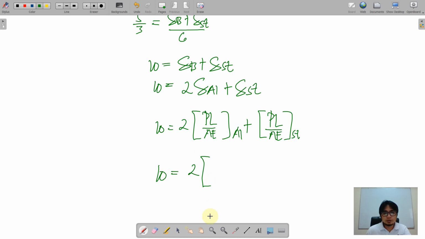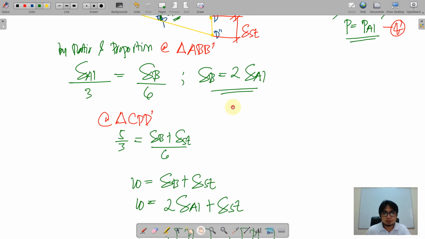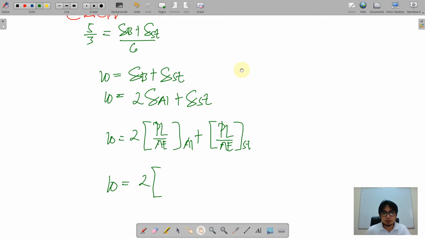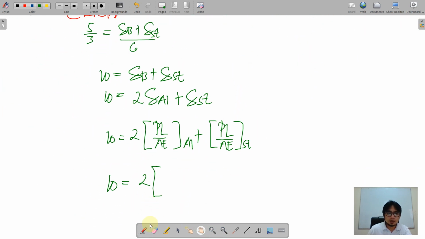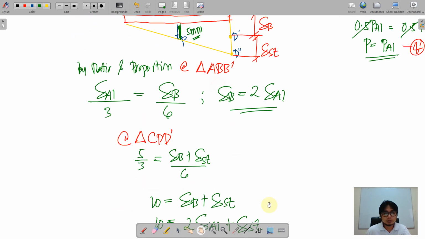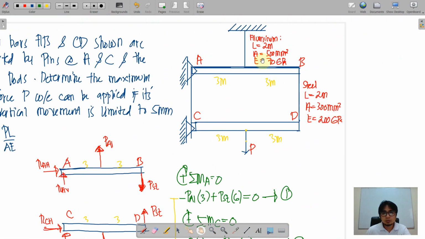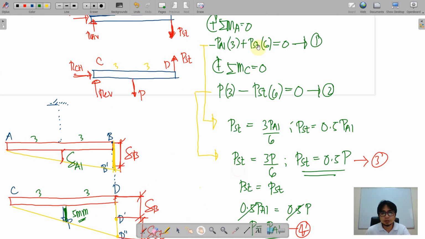What is P of aluminum equal to? In terms of P, we have P aluminum is equal to P. So you just place there the P. What is the length of the aluminum? Length of aluminum is 2 meters, and steel as well is 2 meters.